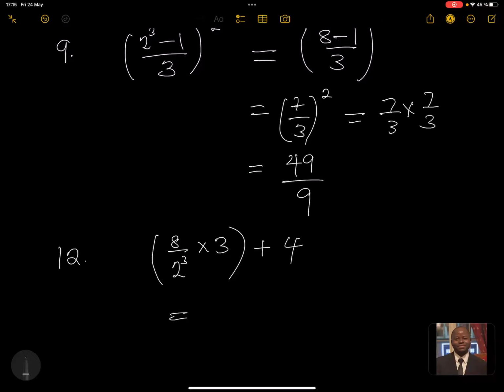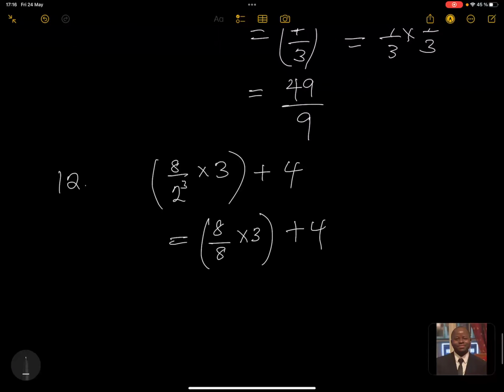So we are going to deal with what we have at the denominator of the first number. So we have 8, put a bracket, don't forget, divided by 2 to the power 3, which is 2 times 2 times 2, which is 8, multiplied by 3, plus 4. Is it okay? All right.